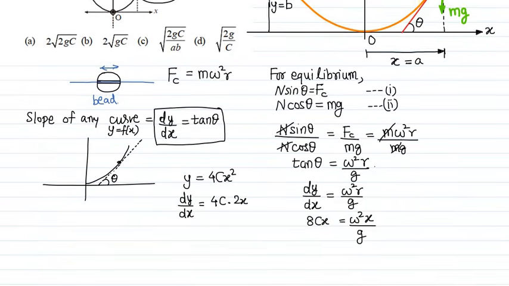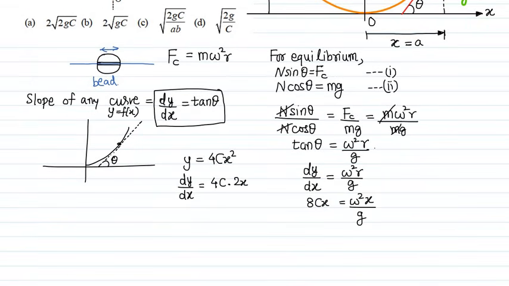After cancelling x from both sides we get omega square is equal to 8cg. Taking square root on both sides, omega is equal to square root of 8cg, which becomes 2 root 2 times root of c into g. So option 1 is the answer for this question.